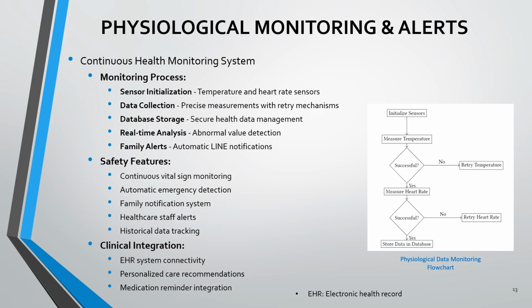There are 5 safety features: continuous vital sign monitoring, automatic emergency detection, family notification system, healthcare staff alerts, and historical data tracking. The clinical integration includes electronic health record system connectivity, personalized care recommendation, and medication reminder integration.